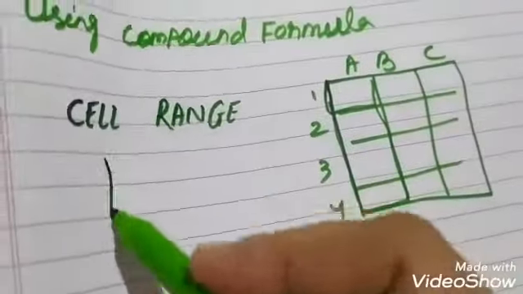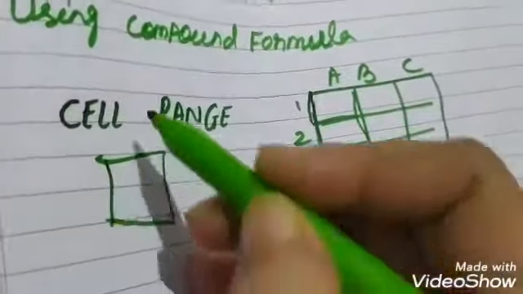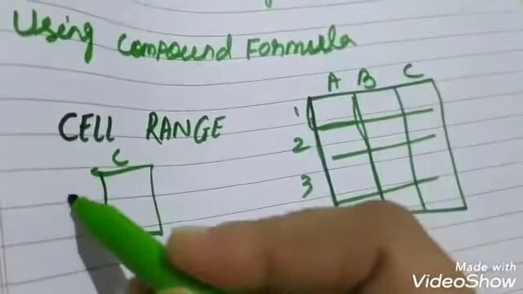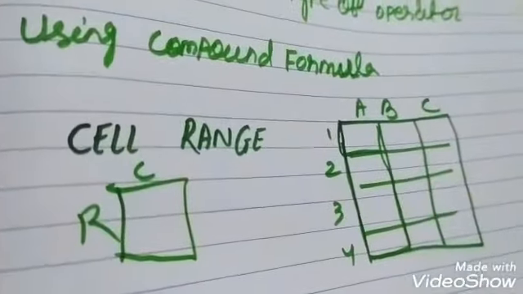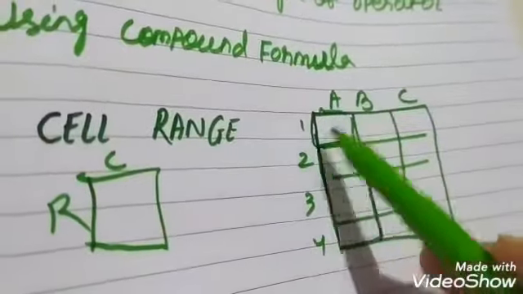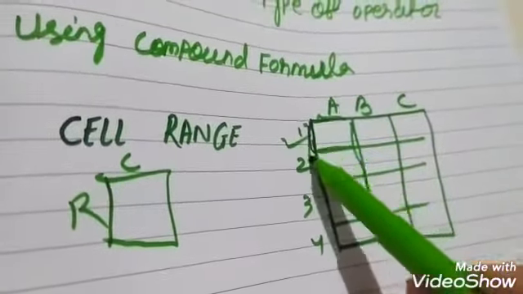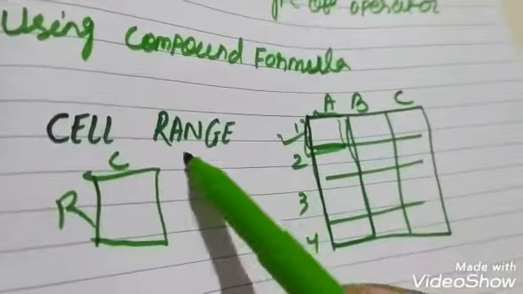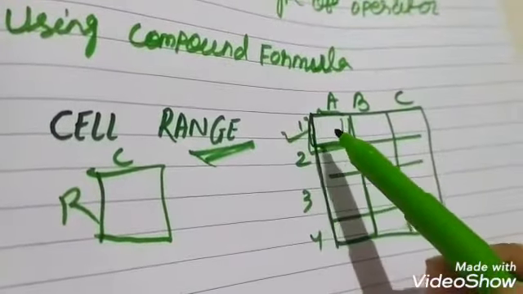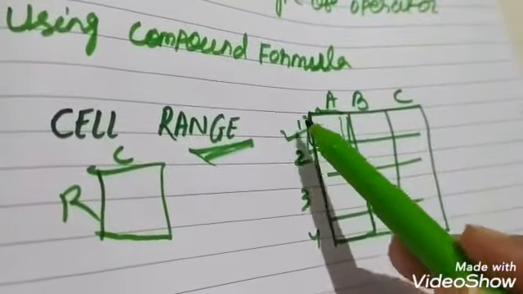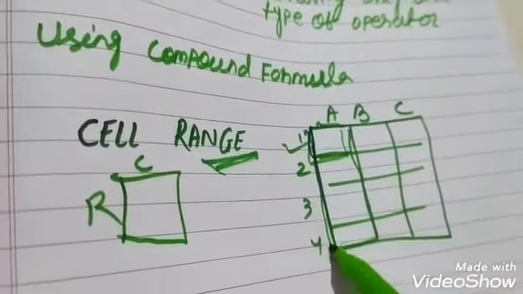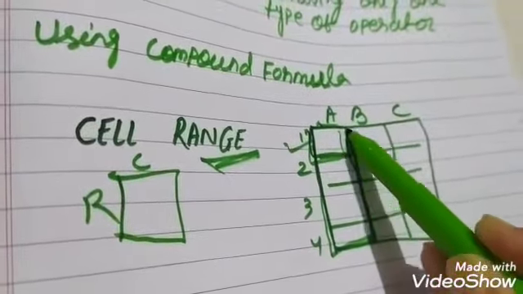The cell is the intersection of rows and columns. It is a column and it is a row. This is the cell. When we talk about a range, we are not talking about a single cell, it is more than one cell. So if I take this whole thing, then it is a range of cells.